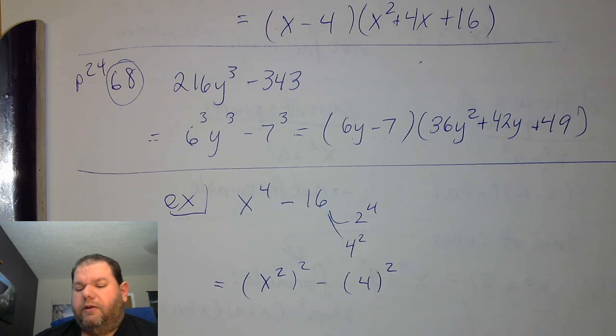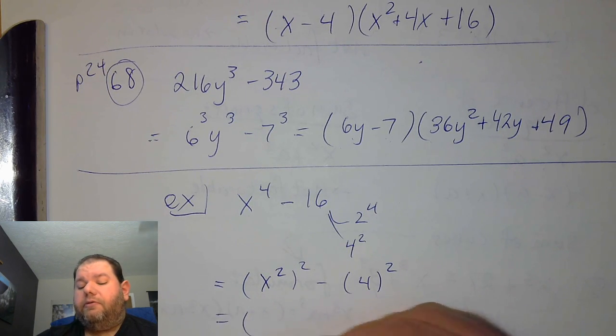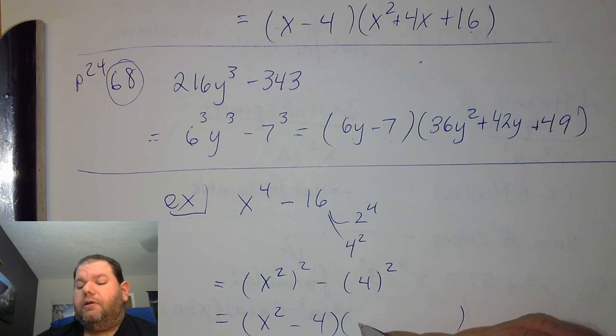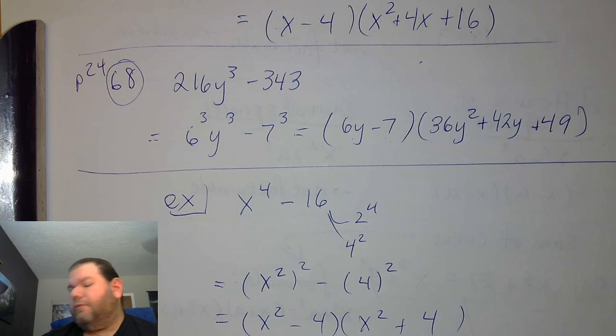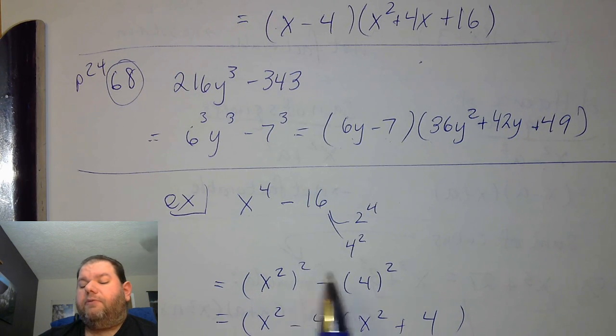Okay. So what we have now is a difference of squares. And we know with our difference of squares, we can write x squared minus 4 and x squared plus 4. Because whatever's being squared is repeated here and here, and for a difference of squares, we have to have opposite signs.